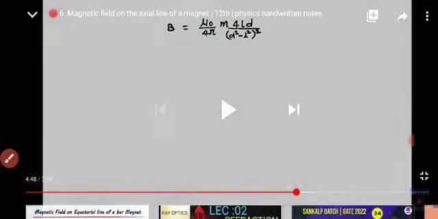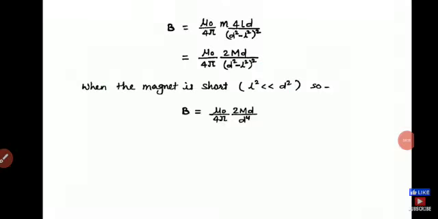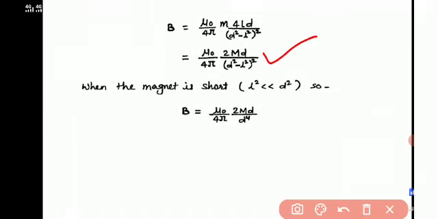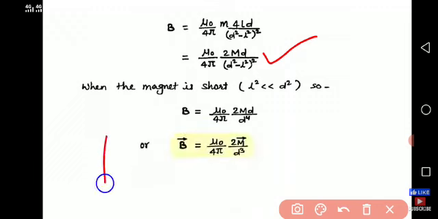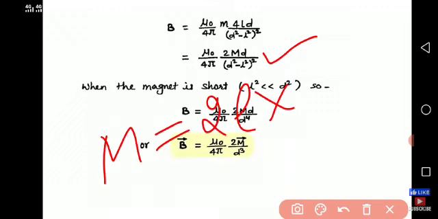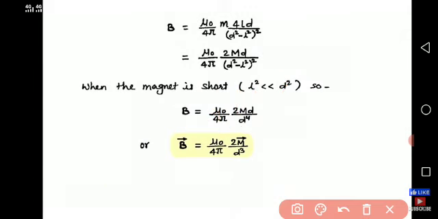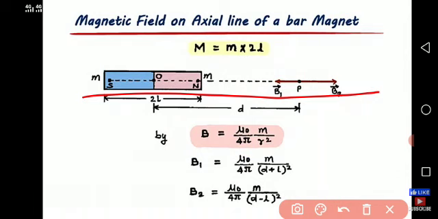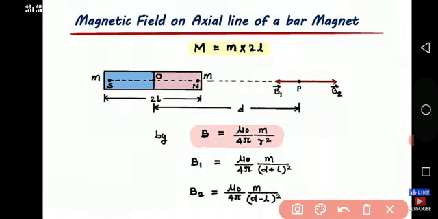And now we can simplify it further: mu naught upon 4 pi, 2 M d, upon (d square minus L square) whole square. How M? Because you know M is equal to 2L into small m. Okay, a special case we can also take, when the magnet is very short. Then what will happen?